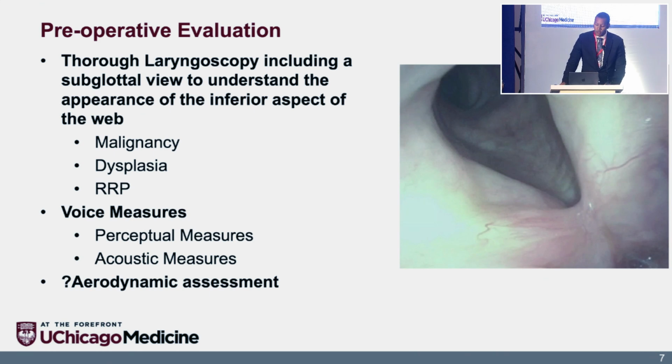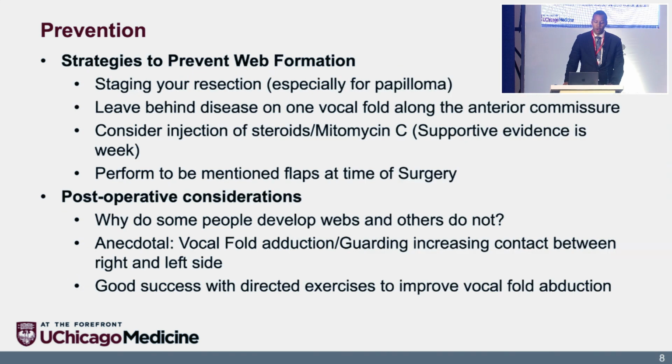As I mentioned before, neoplastic causes of webbing can happen, and you want to make sure that you're not missing an occult malignancy that hides just underneath the web. It also can give you a sense of the remnant superficial lamina propria by doing an appropriate stroboscopy in your initial evaluation. Voice measures can be helpful as well, especially if you're considering operative intervention for these patients. And aerodynamic assessments can also be helpful when you're considering surgery to address the web.